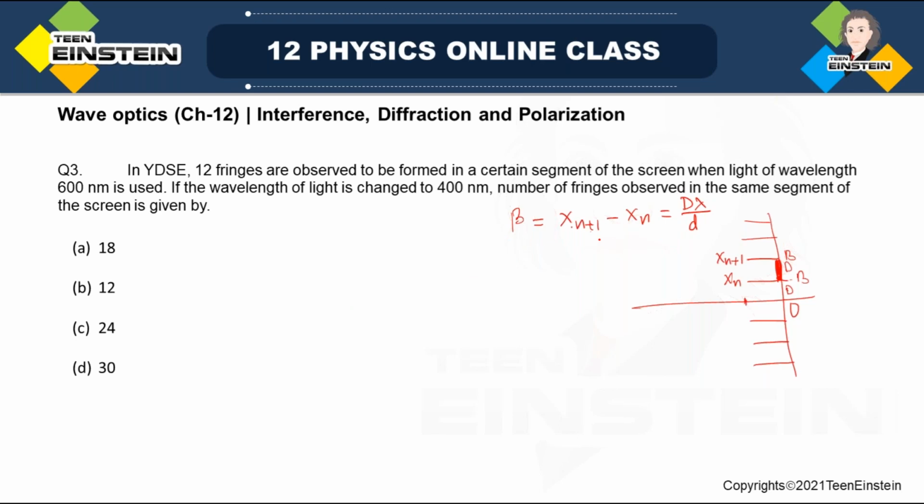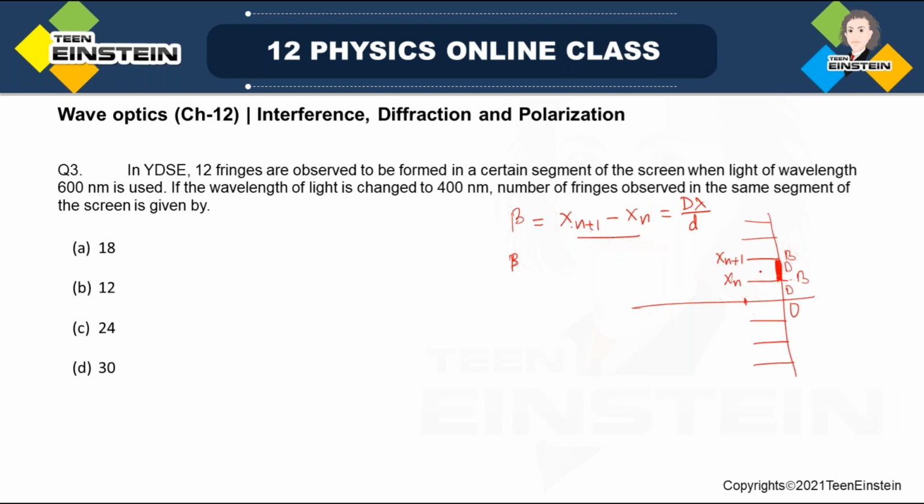So if I have beta known, then how many fringes have been formed within this segment?